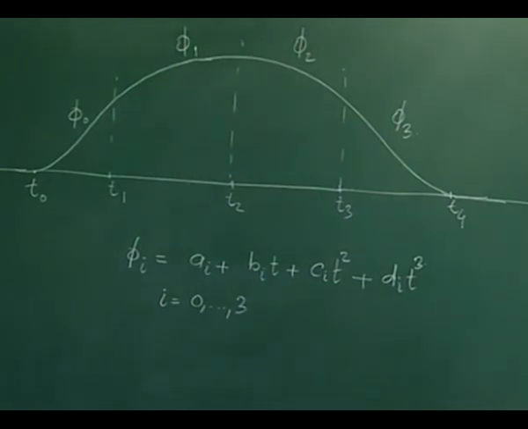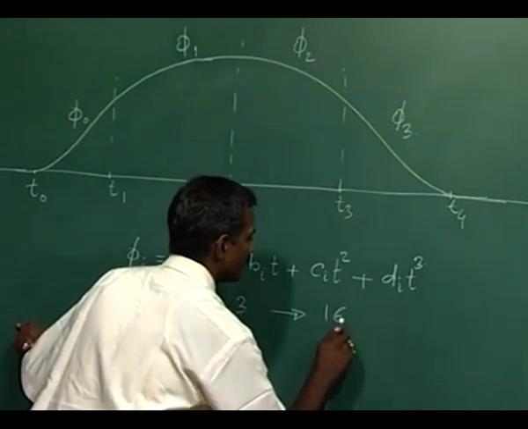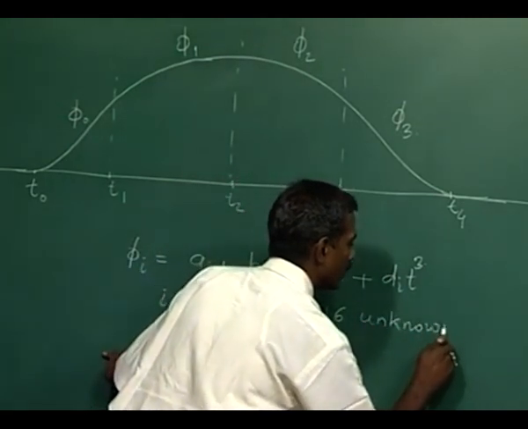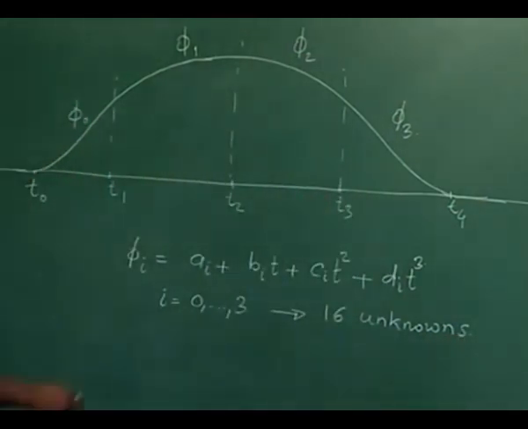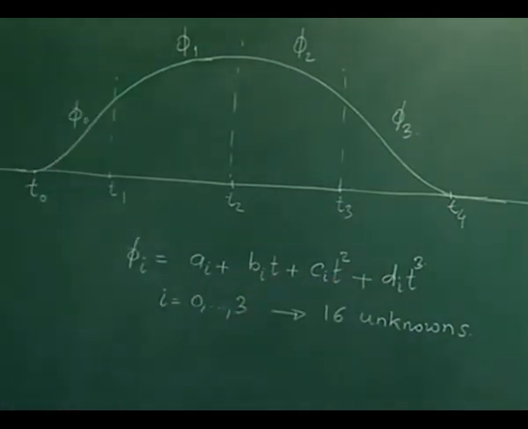If you realize, in all, we have 16 unknowns: 4 coefficients in each cubic polynomial.